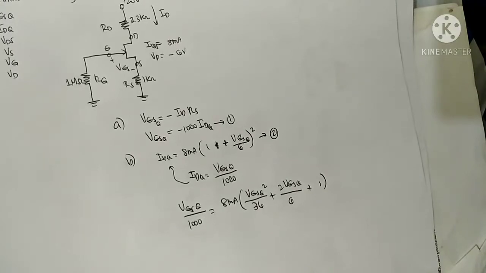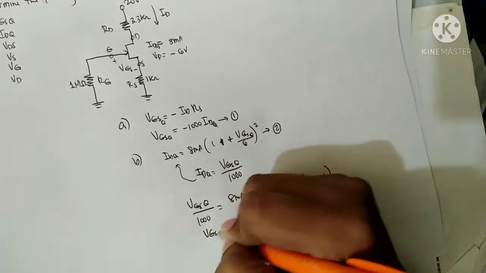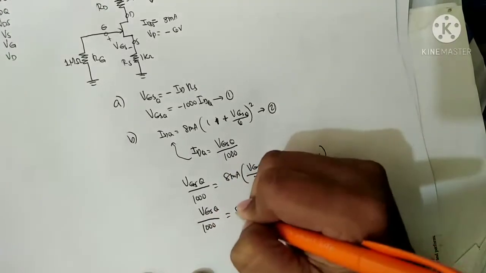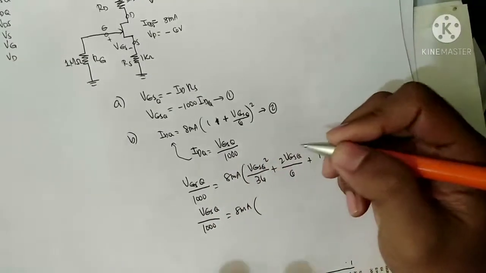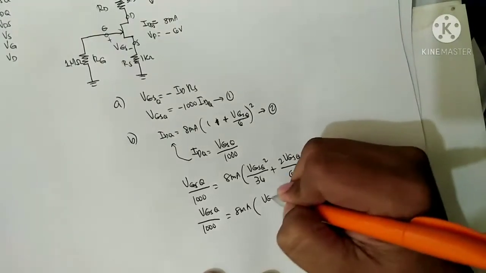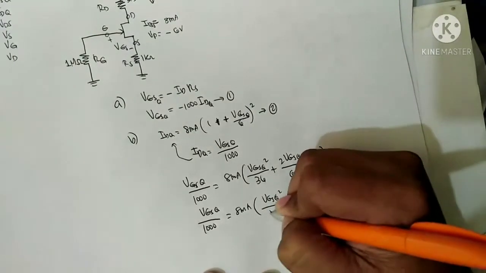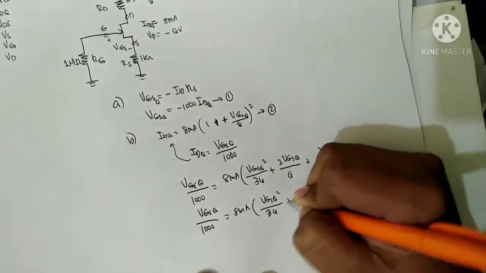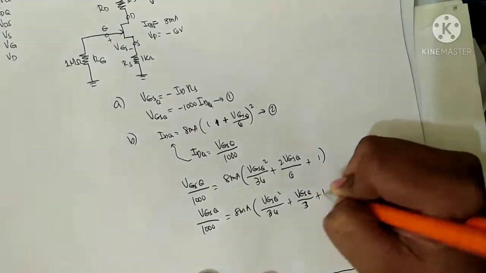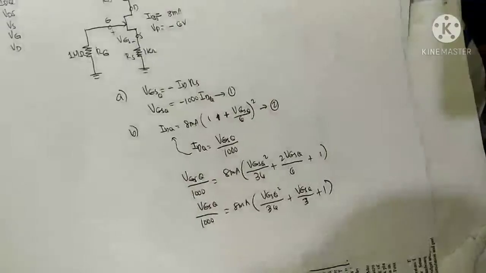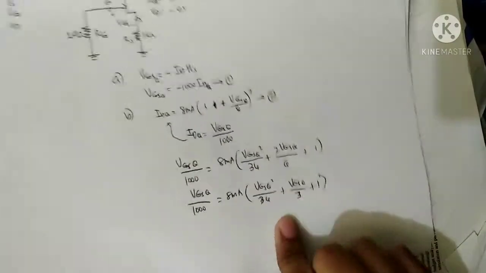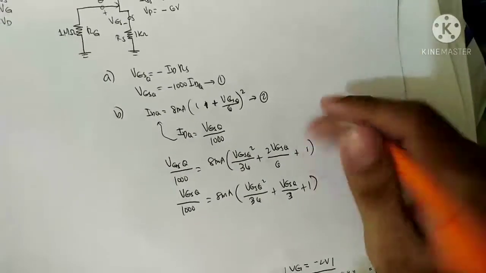So therefore VGSQ over 1000 goes with the 8 milliamps. This will be VGSQ squared plus VGSQ over 2 plus 1. By the way, where did I get this?